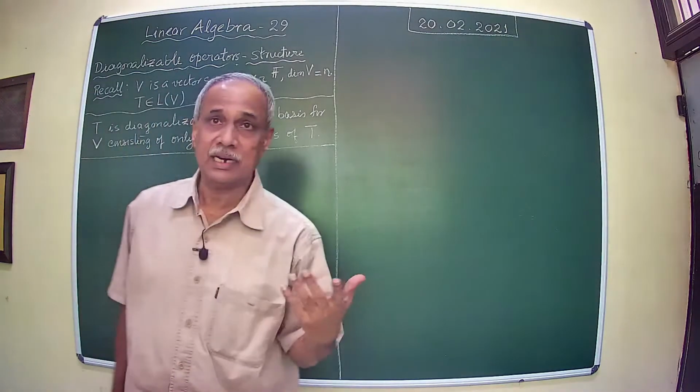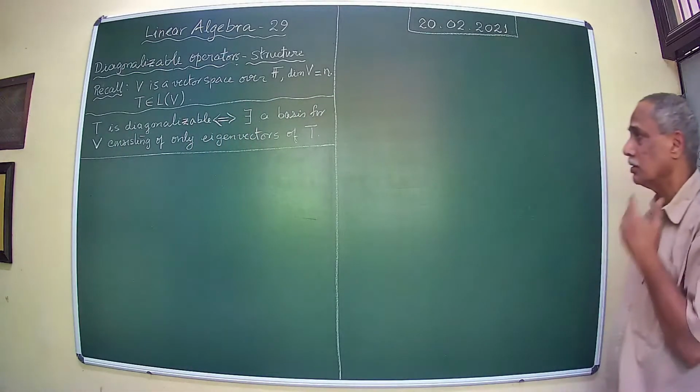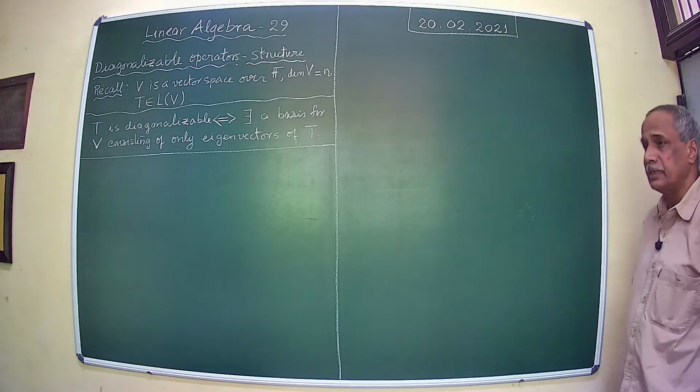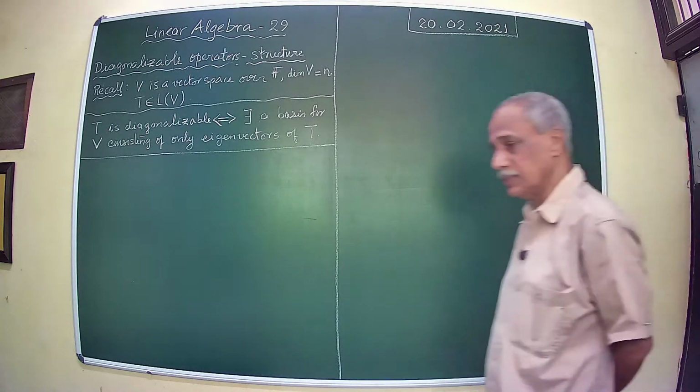At the same time, these vectors should be eigenvectors of T. Then T is diagonalizable. It is a necessary and sufficient condition.